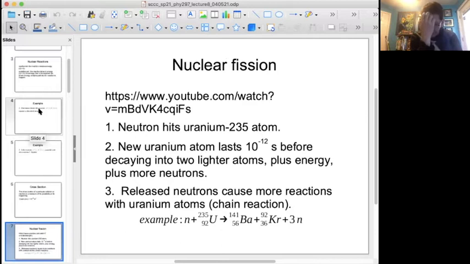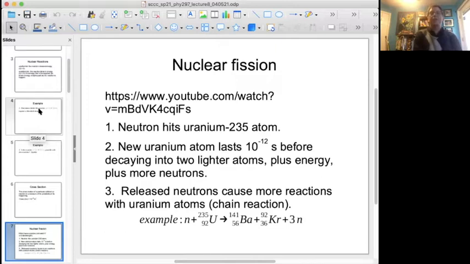So nuclear fission is the splitting of a heavy nucleus into lighter nuclei. And the most obvious example involves uranium-235. So you have an atom of uranium-235, a neutron hits it, and the uranium absorbs that neutron and becomes uranium-236.